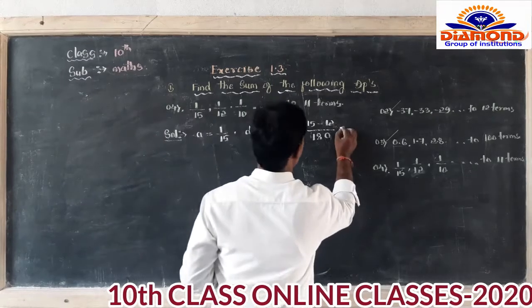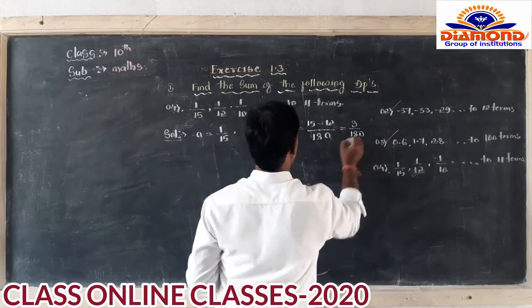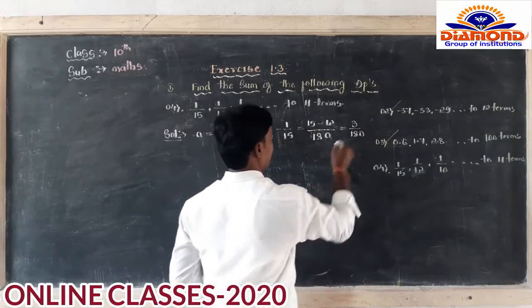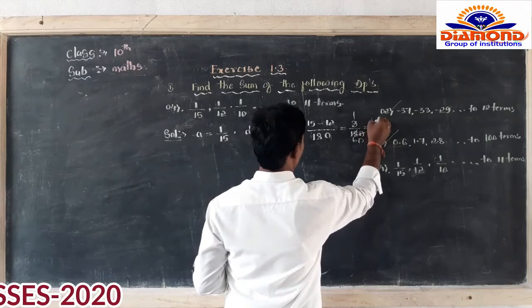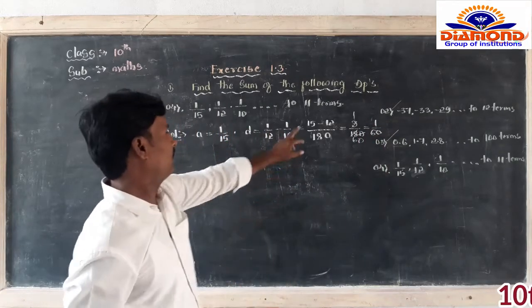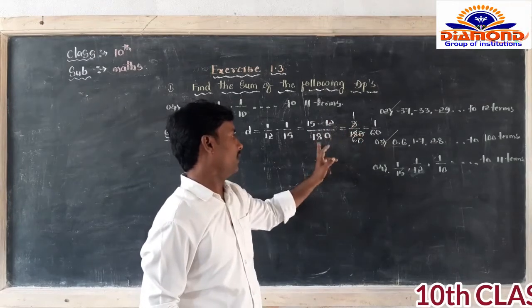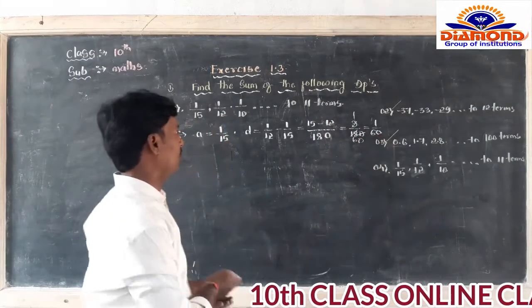Okay. Now it becomes 3 by 180. 3 by 180. Now 3 ones are 3, 3 6s are 18. Means the answer, common difference came 1 upon 60. 15 minus 12 equal to 3. 180 is there, 3 1s are 3, 3 6s are 18. Answer came, common difference is equal to 1 upon 60.